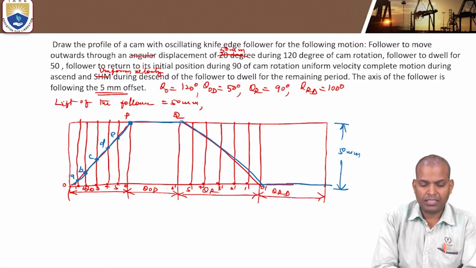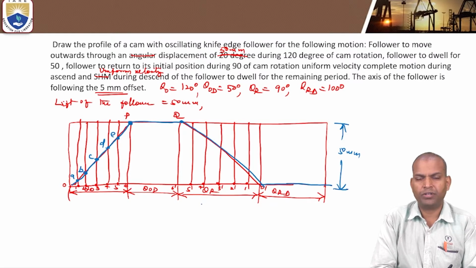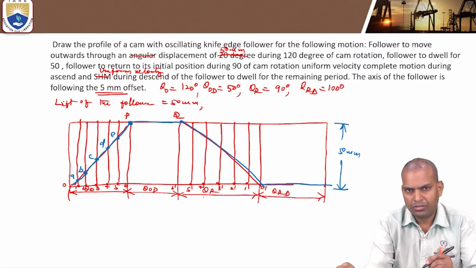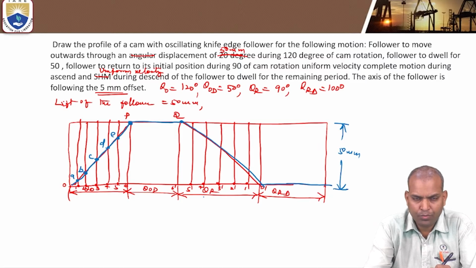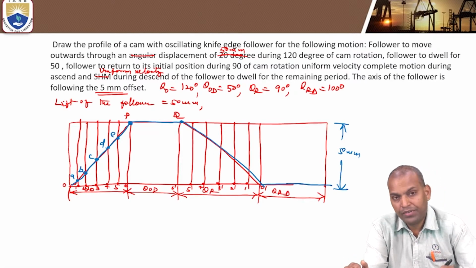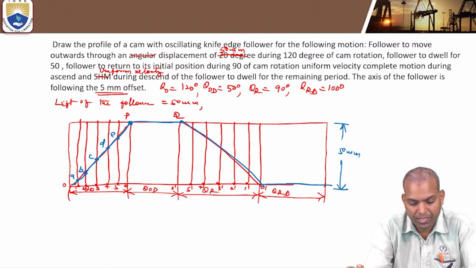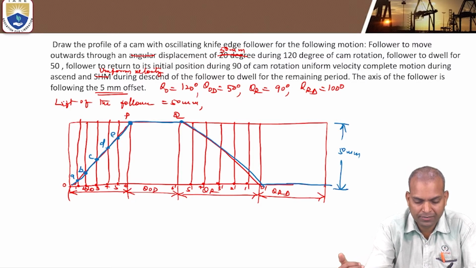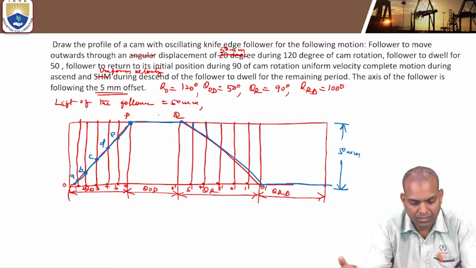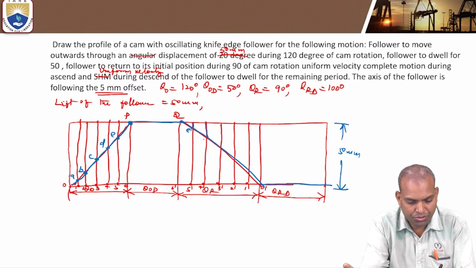Next, theta R, that is 90 degrees. The return stroke is divided into 6 equal parts, so each part corresponds to 15 degrees of rotation of the cam. For every 15 degrees of rotation of the cam, the follower descends from this position: E dash to D dash, then C dash, B dash, A dash, and O dash.